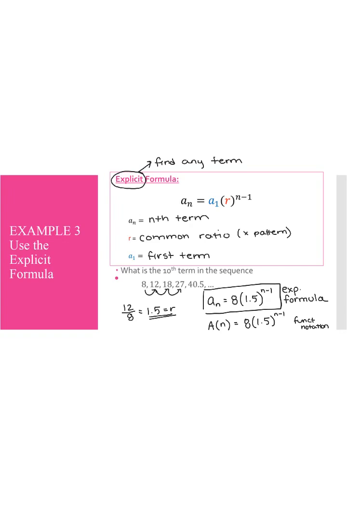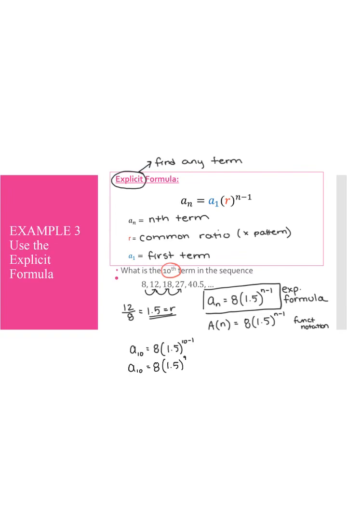Now we can utilize this formula in order to find a specific term, and here we want to find the 10th term. So if I want to find the 10th term, all I have to do is plug in 10 for n. And again, you could do this in either version that I showed you. I'm just using the little n one. So what I really have is 8 times 1.5 to the 9th.